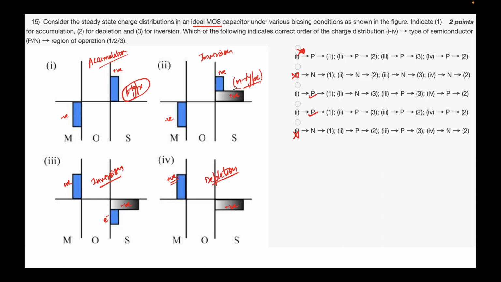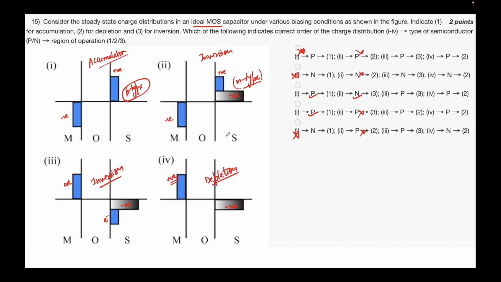This also tells us this is n-type. In inversion, so the second figure corresponds to n-type. This is incorrect. And inversion is denoted by 3. This is also incorrect. This is correct. So this is incorrect, this is incorrect. Actually, this is the correct option.